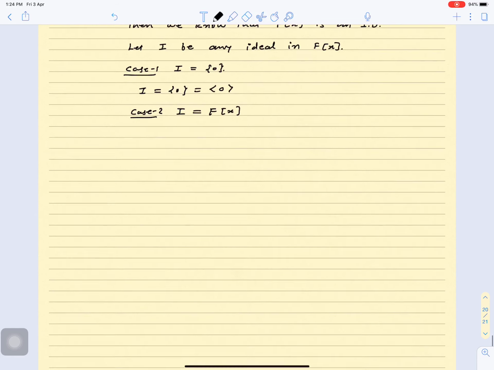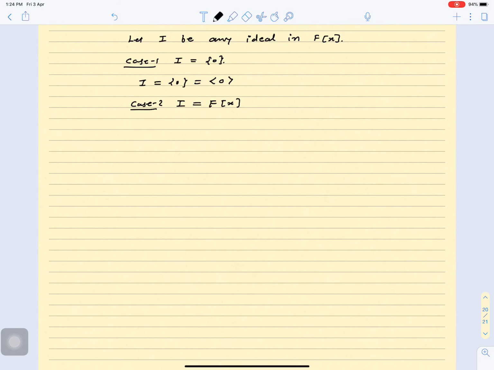Then you look at polynomial 1. Now 1 belongs to F[x]. So you look at the ideal generated by 1. So it will be what? 1 times elements of the ring. Here the ring is F[x]. So 1 times f(x), where f(x) is in F[x].